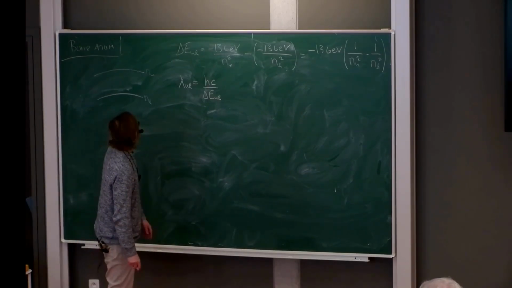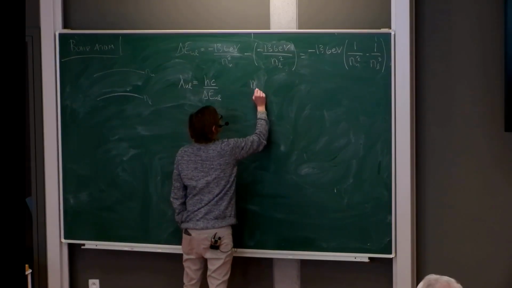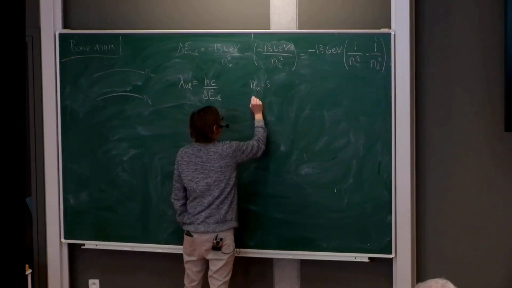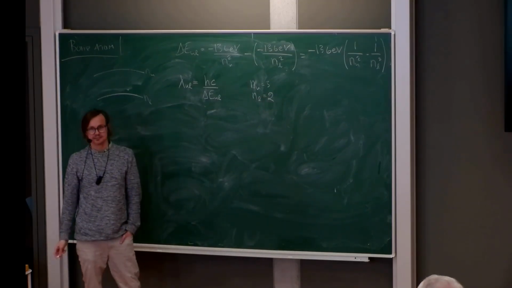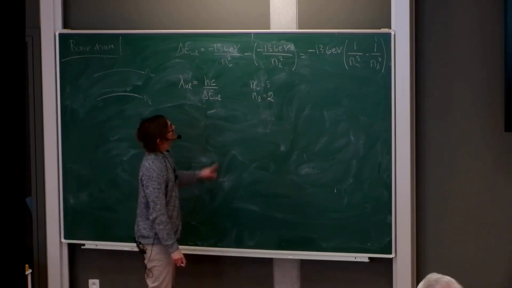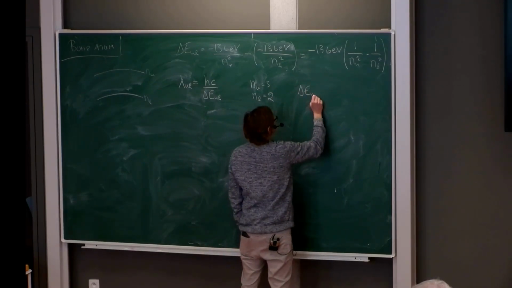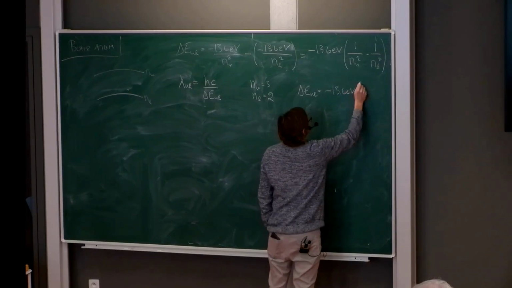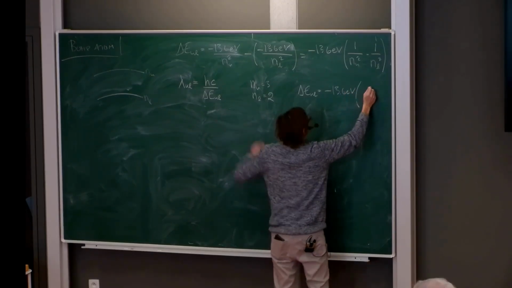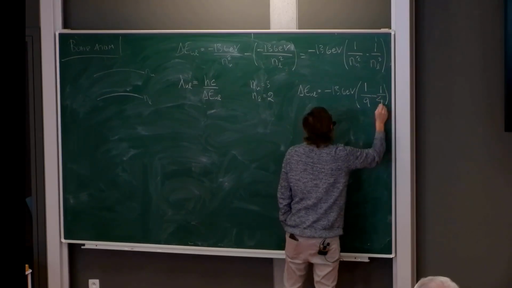Which one did I take? I took the example where the upper is 3. Remember, they have to be integers. The lower is 2. Okay? We plug that in, then we get that delta E equals minus 13.6 electron volts times 1 divided by 9 minus 1 divided by 4.